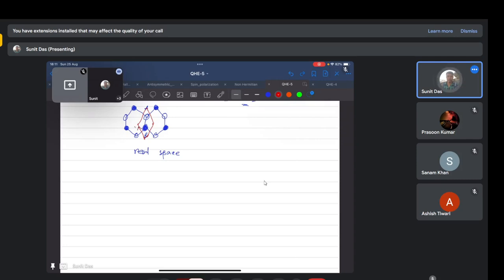So this is, let's say, A1, the unit cell lattice vector, and then A2. And somewhere here there is the origin.